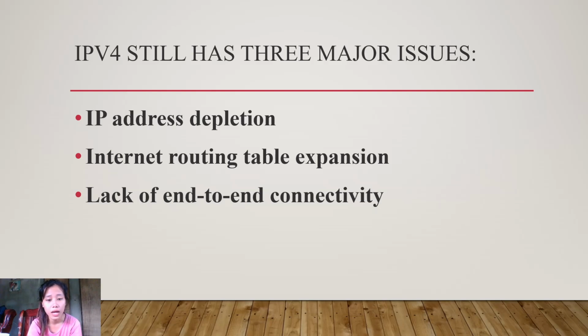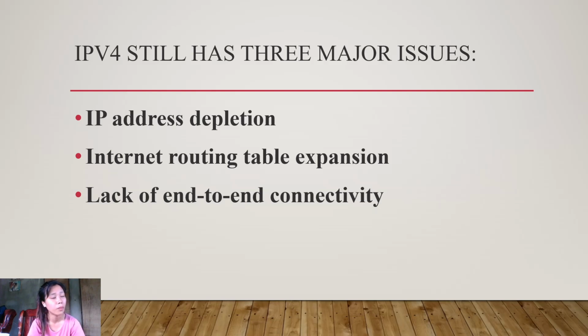Although there are approximately 4 billion IPv4 addresses, the increasing number of new IP-enabled devices, always-on connections, and the potential growth of less developed regions have increased the need for addresses. For the internet routing table expansion, a routing table is used by a router to make best path determinations.